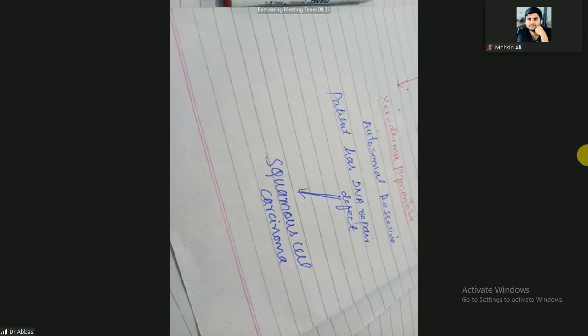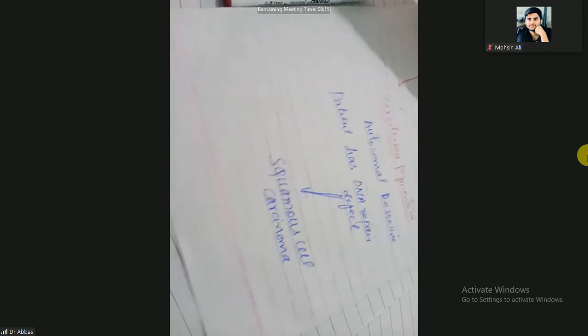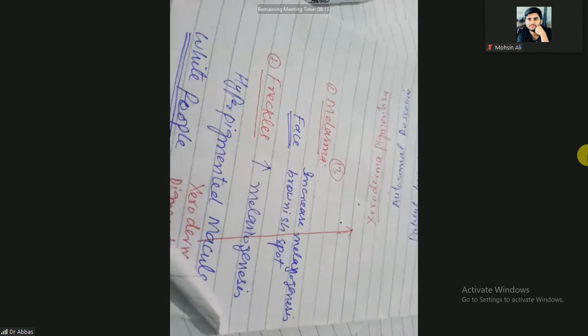If she says yes, then there is a doubt that freckles have advanced into squamous cell carcinoma due to the DNA repair defect. It is most common in white people. Clear?